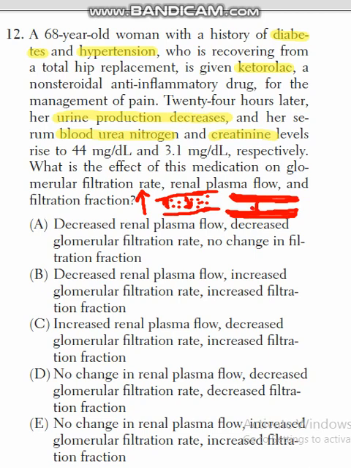In this patient, due to diabetes and hypertension, the lumen of the renal arteries, the vessels providing blood to the kidneys, becomes small. So there will be less blood flow to the kidneys. When the blood flow to the kidney is decreased, there will automatically be a decrease in GFR.